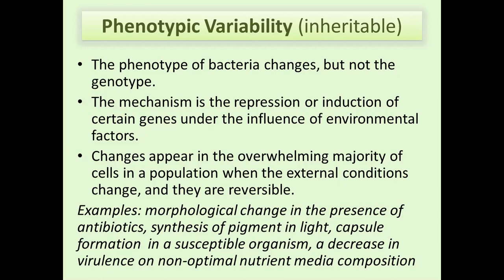Capsula in bacteria may also change its presence as a phenotypic variability. Some pathogenic microorganisms produce capsula only in susceptible organisms, because capsula is necessary for them as a protection against phagocytosis. But when we cultivate the same bacteria in nutrition media where there's no phagocytosis, they don't produce capsula.